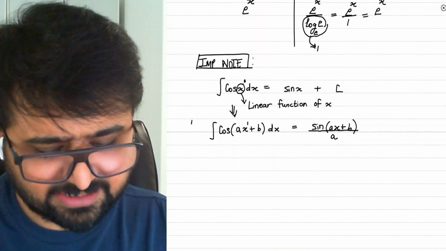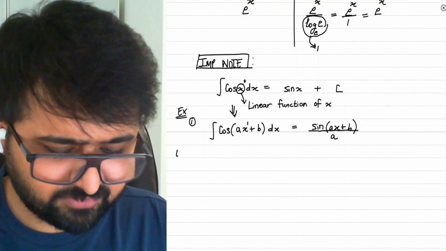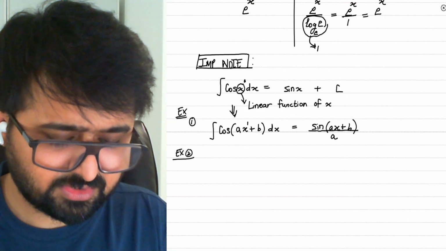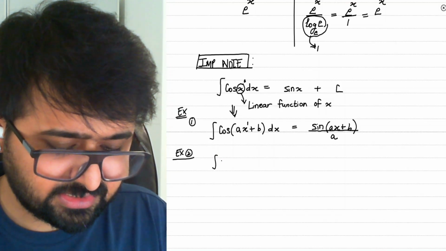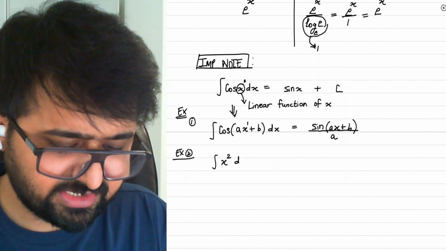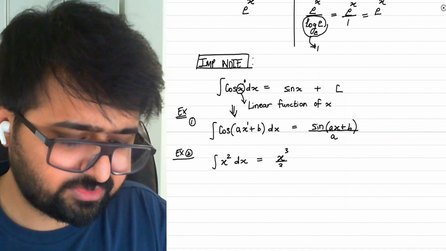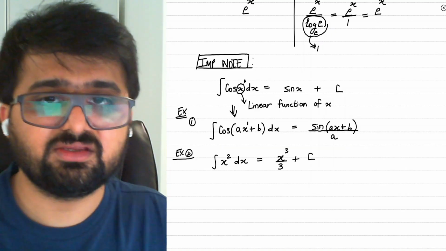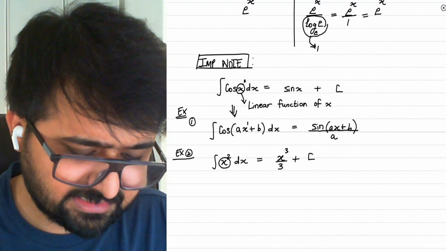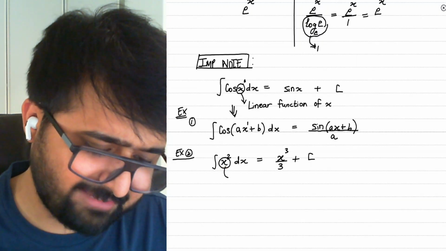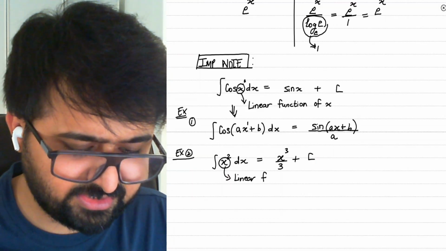Let's take a few examples. This is example number one. Let's say example number two. We know that integration of x squared dx is x cubed divided by 3 plus c. Okay, we know this already. Now, instead of this x, let's say we have a linear function of x.